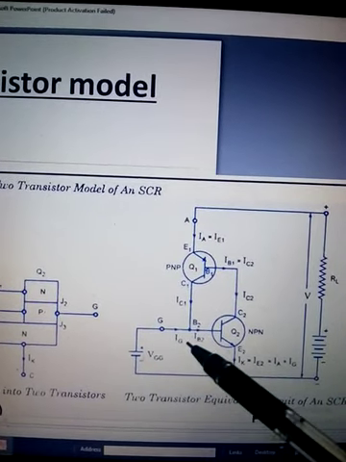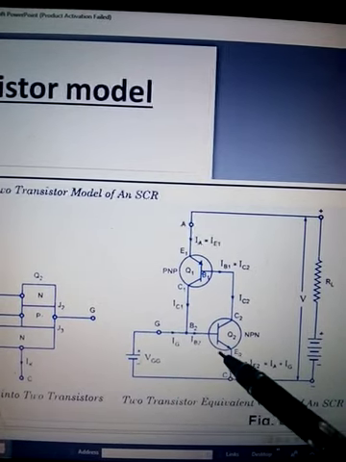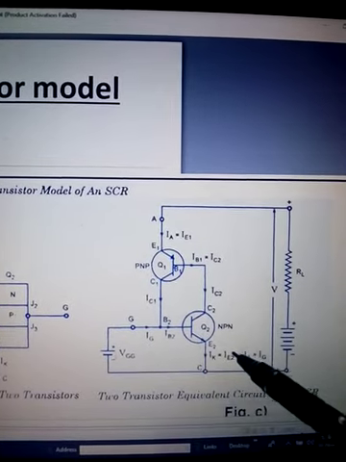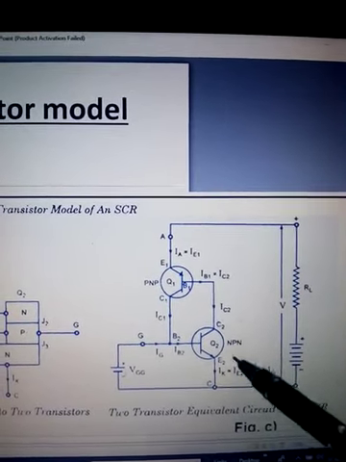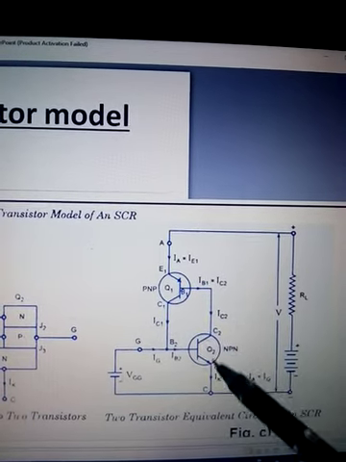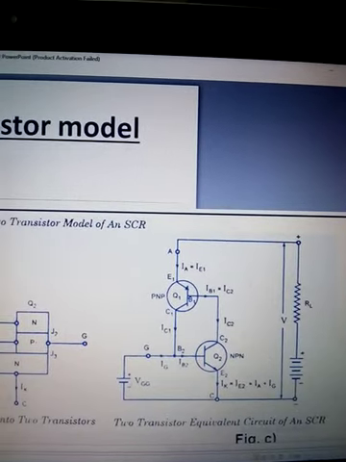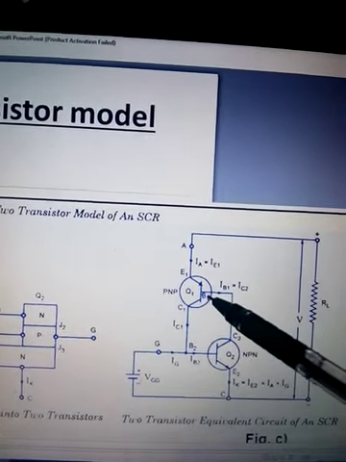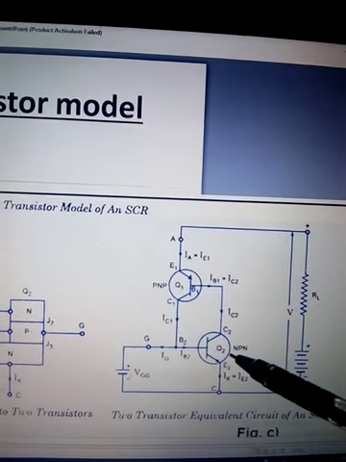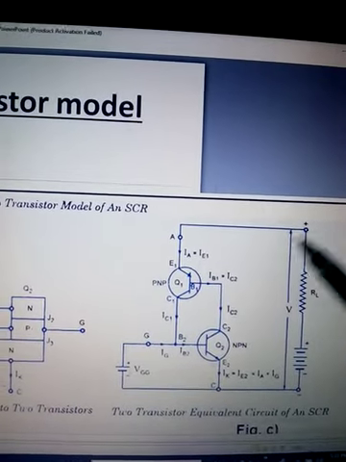Once you apply a small base current, gate current, this gate current will give base supply to transistor Q2. This is Q1, Q2. You know transistors have amplification factors beta 1, beta 2. Assume that beta 1 is say 200, beta 2 is say 250. Both can be the same, I am just saying.